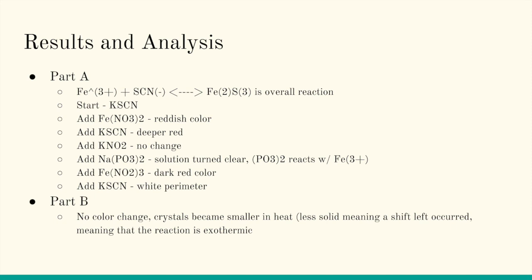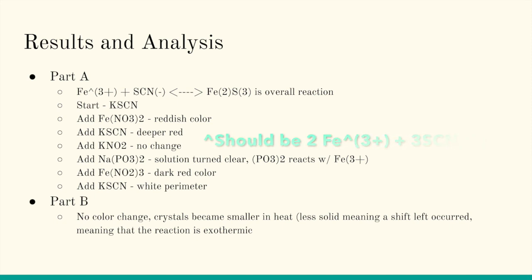We found these results. In part A, there was one major overall reaction that we found occurred, and this is between iron 3 ions and the sulfur found in the thiocyanate ion, forming iron sulfate, which is a solid of reddish color.